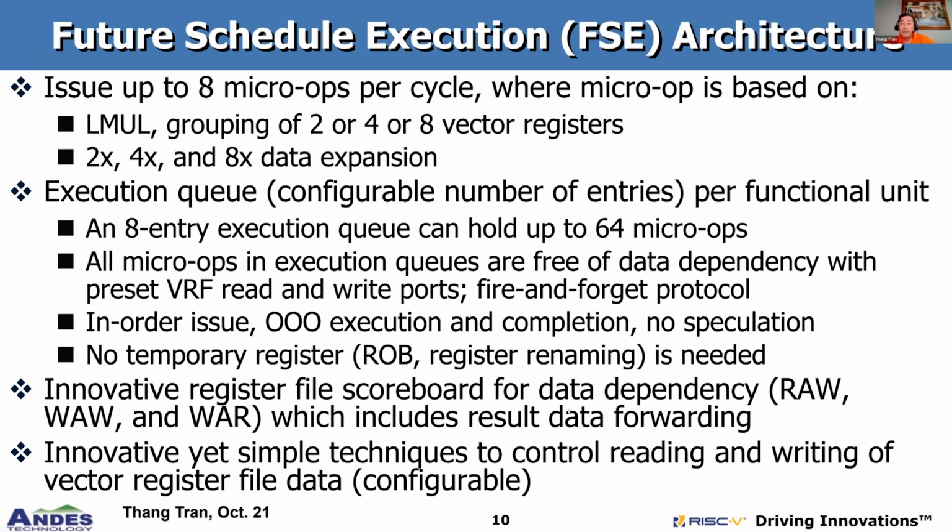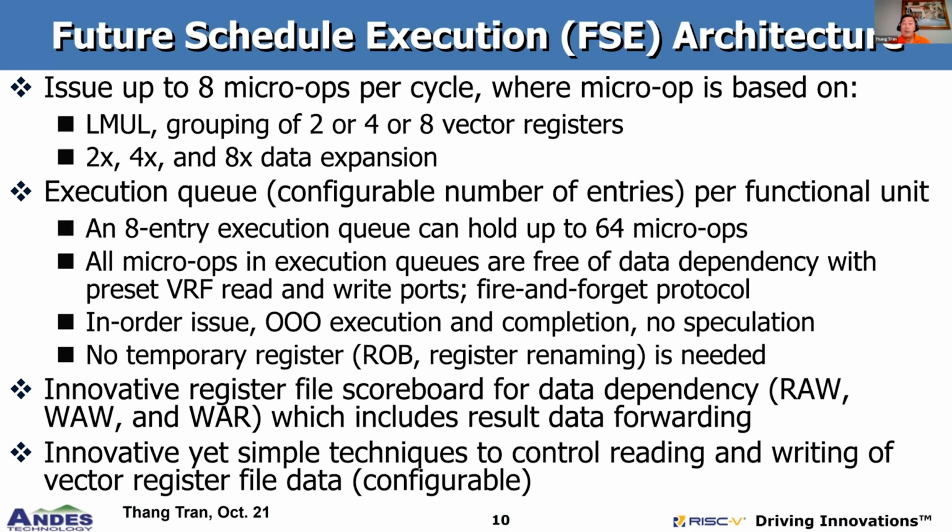An 8-entry execution queue can hold up to 64 micro-ops per functional unit. Not all functional units have an 8-entry execution queue though.